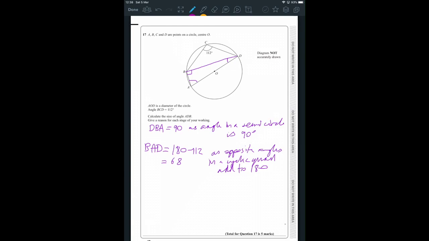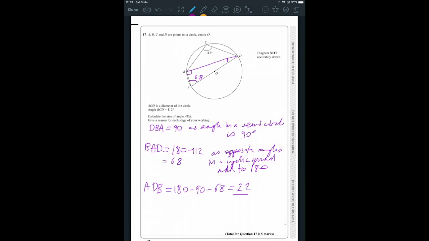Well, now look what we've got. We have a triangle where we know two of the angles and we want to know the third. So BDA, I should write it in the order that they've written in the question, which was ADB, is 180 minus 90 minus 68, which says that angle is 22.